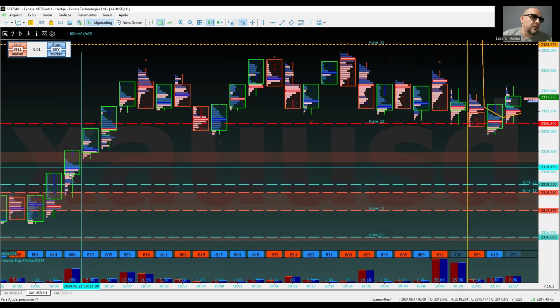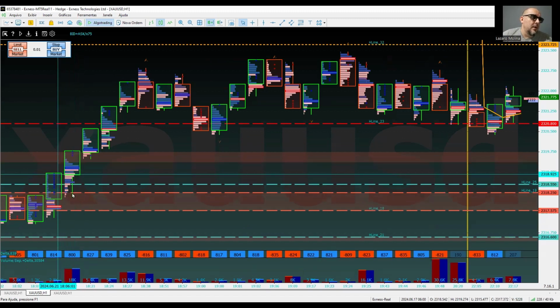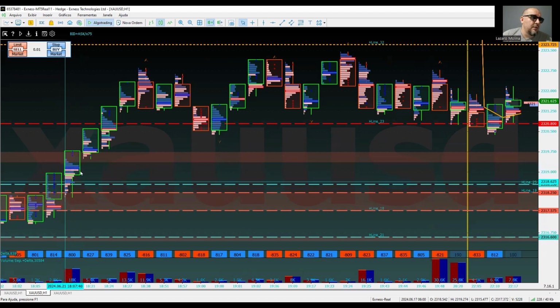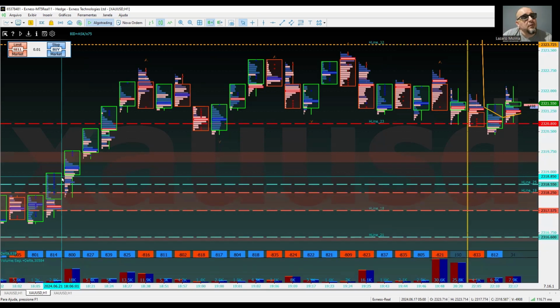And in these clusters, a price region with a very good interest in negotiation. So using this kind of graphic, I can see the great negotiation interest in this region or less interest, okay?